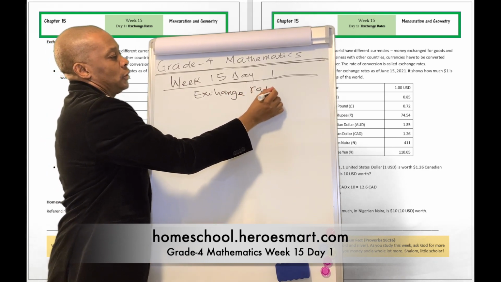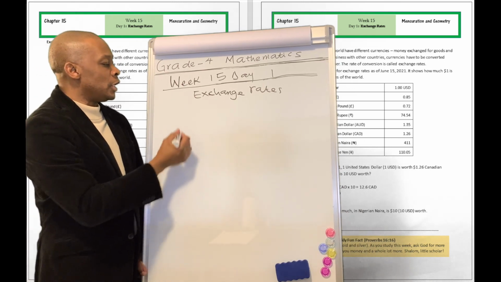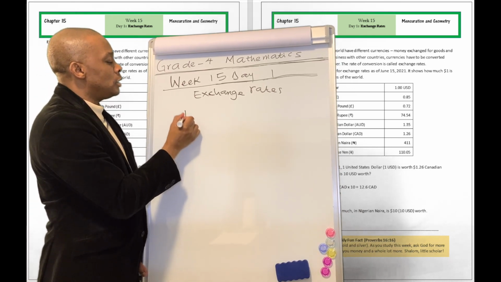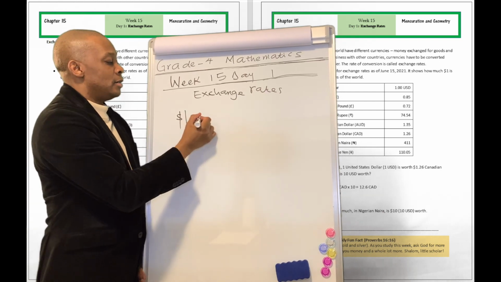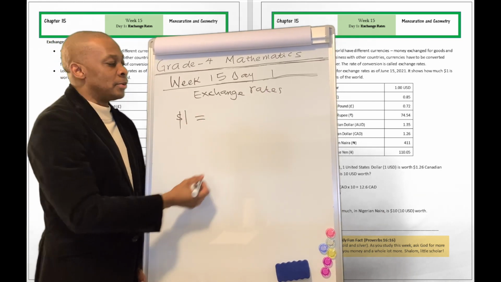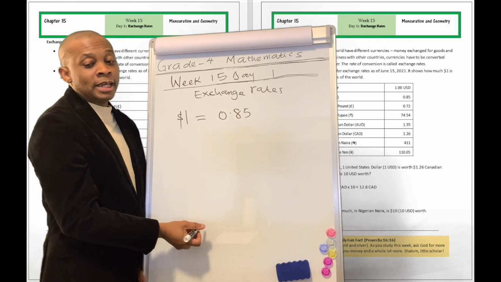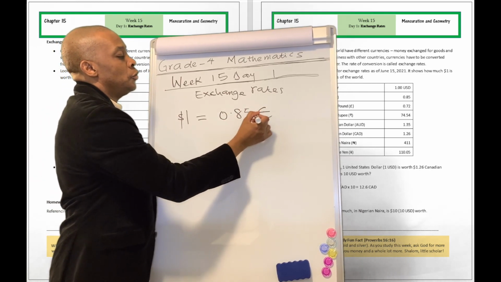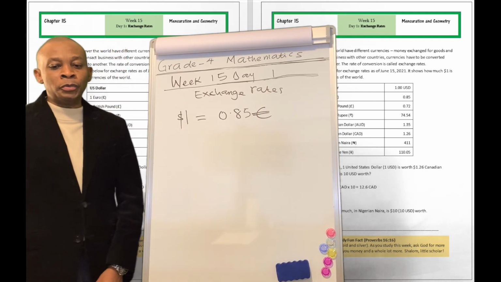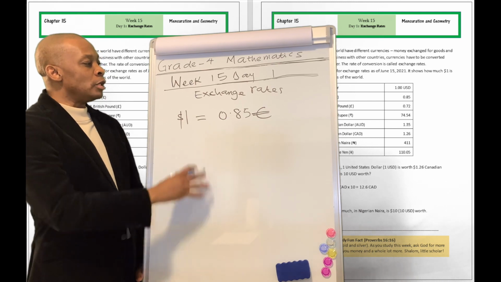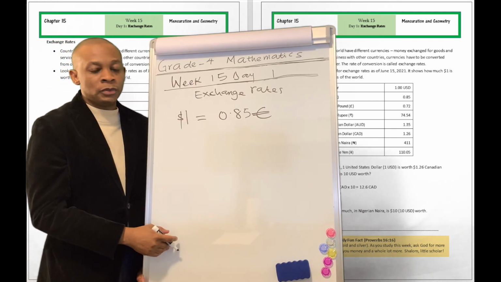In the United States, $1 is equivalent approximately to 0.85 euros. That's the symbol for a euro. $1 is equivalent to 0.85 euros.